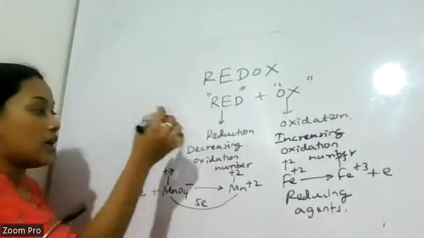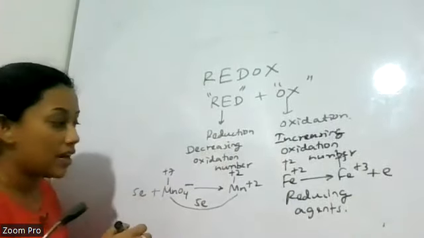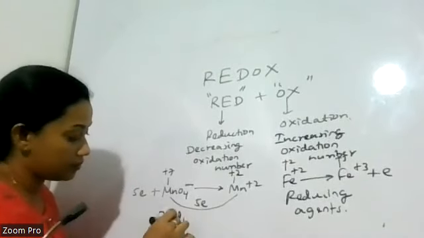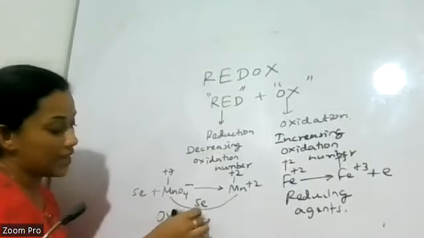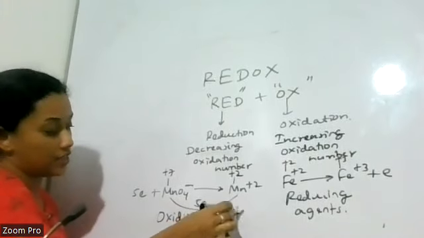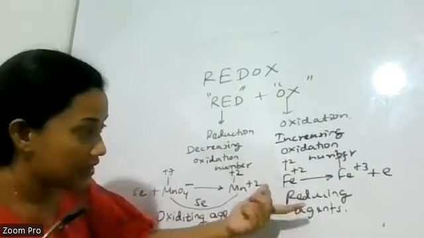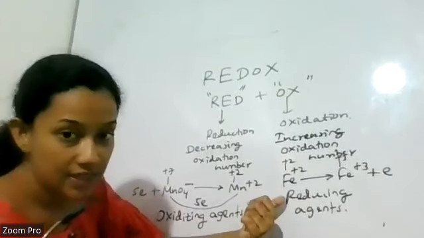So the reduction-occurring species we call oxidizing agents. Oxidizing agent means they oxidize others. How do they oxidize others?